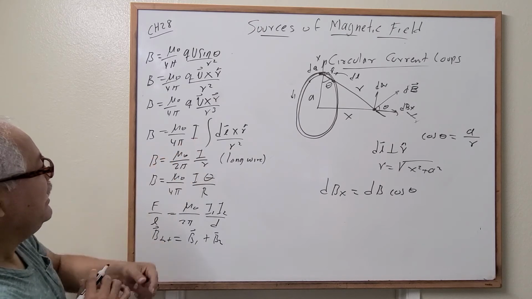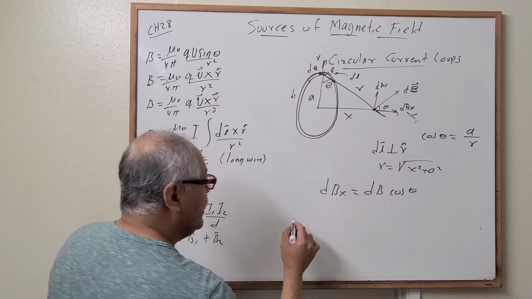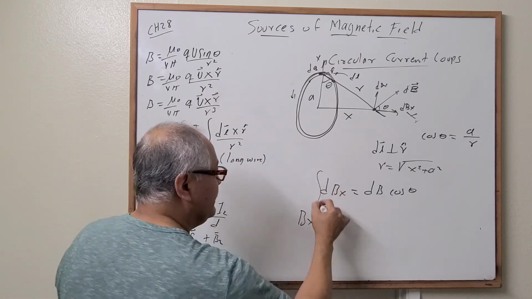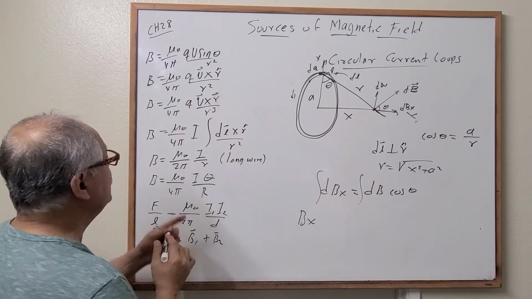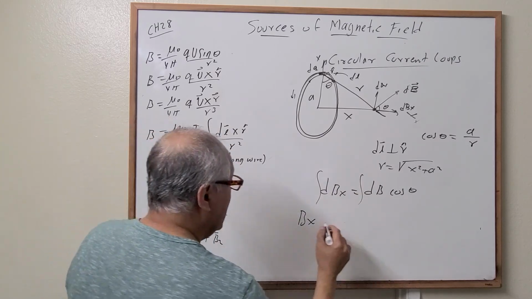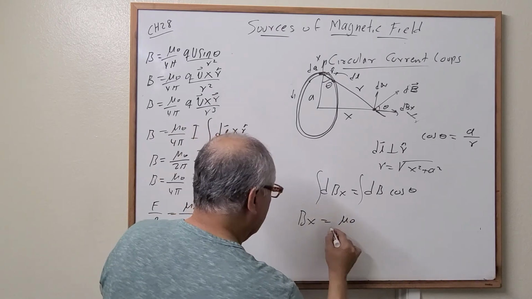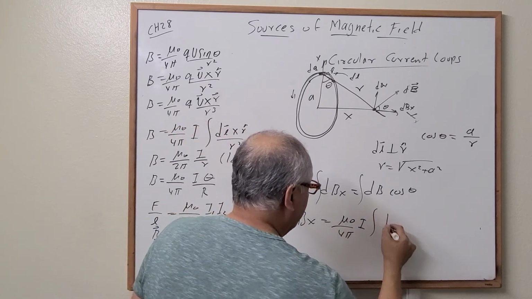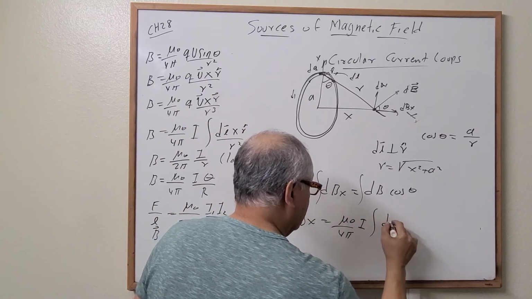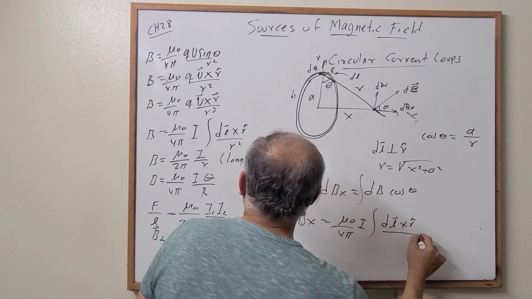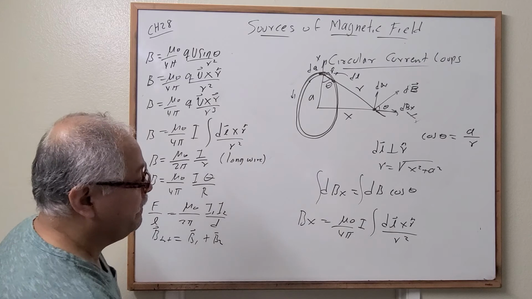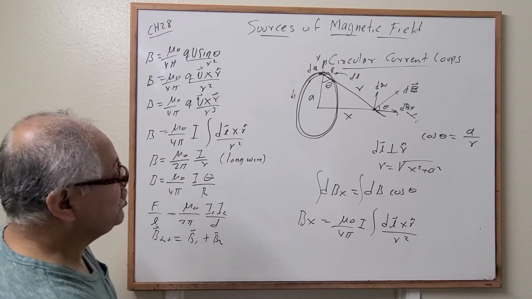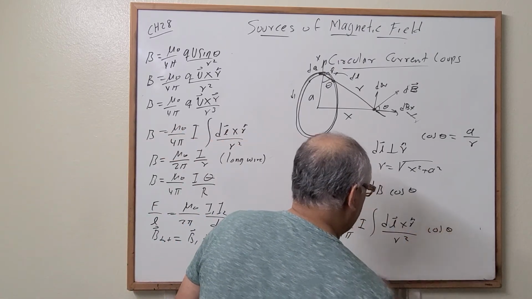Now let's go again and do the integral right here, applying the Biot-Savart law. And what do we have? This magnetic field in the x direction, the integral is equal to what? Mu naught over 4 pi times the current, times the integral of this cross product, dL cross r hat divided by r squared, times cosine theta.